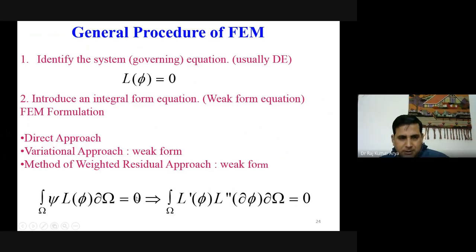So you are converting a strong format into a weak format. I will tell you what the weak format is. Once it is converted to a weak format, you calculate the residual at all the points, and then the residual must be equal to zero.